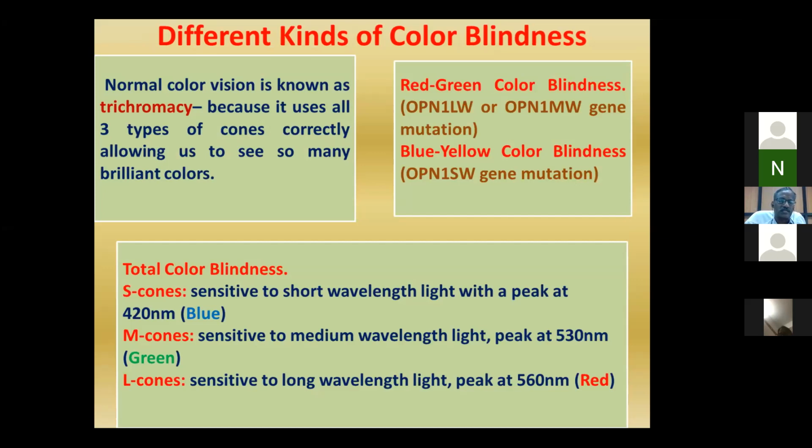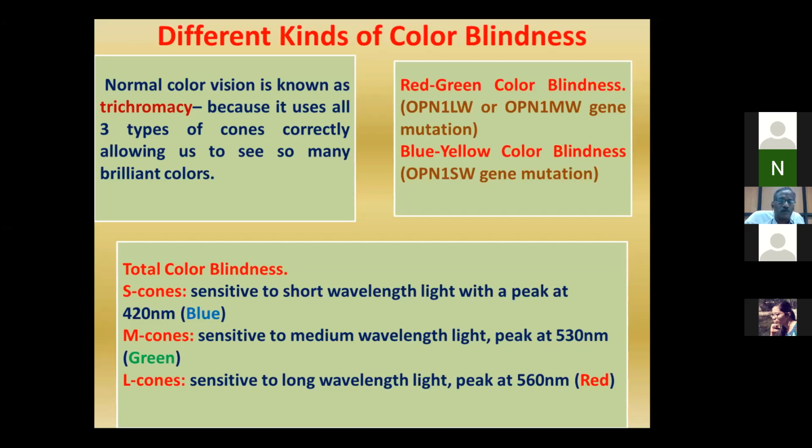S cone is concerned with blue color, M cone with green color, L cone with red color. S cone is at 420 nanometer, M cone is concerned with 530 nanometer, L cone with 560 nanometer. When these 3 are normal, the patient can see all colors.